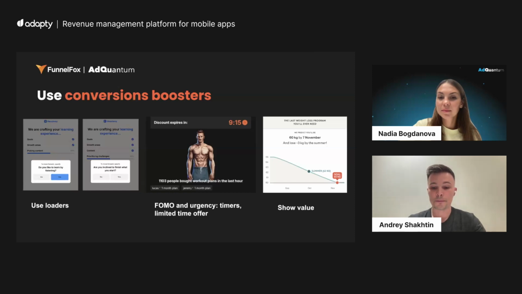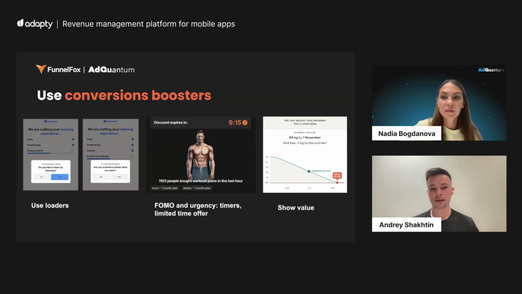And showing value in the onboarding, I would say, is the secret weapon of high-performing web funnels: they show the right value in the right place at the right time, and this value is personalized. So look at your funnel and consider what you can show users as value or feedback, personalized based on answers from the previous screens.